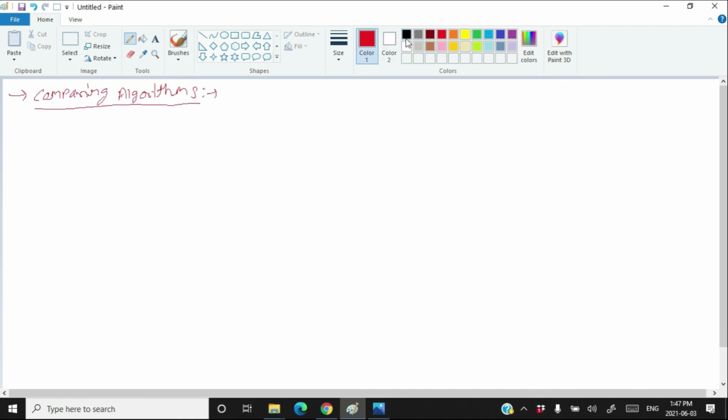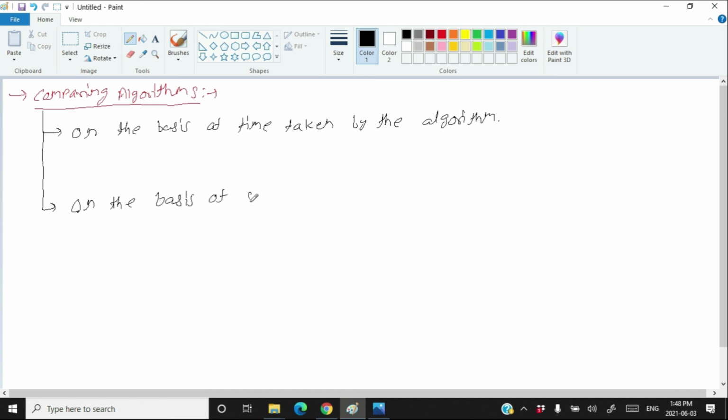You can compare two algorithms on the basis of time taken by the algorithm, and on the basis of space taken by the algorithm.